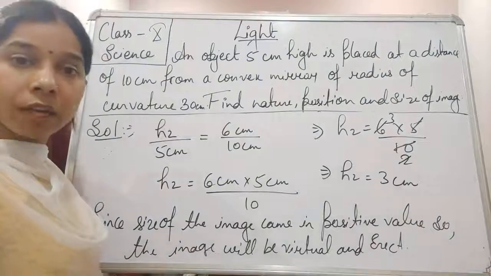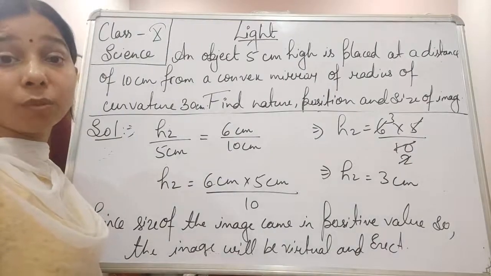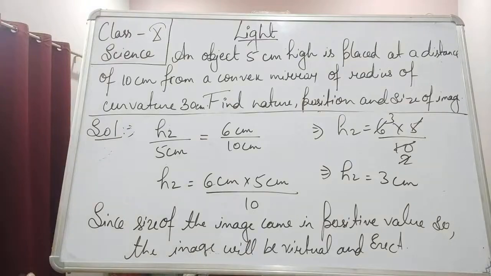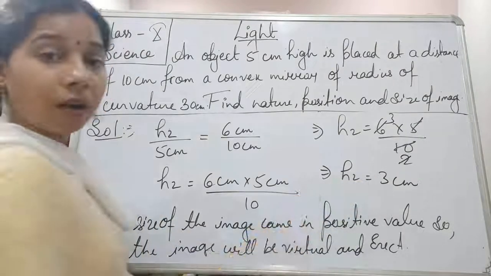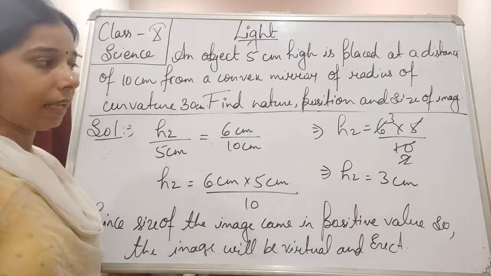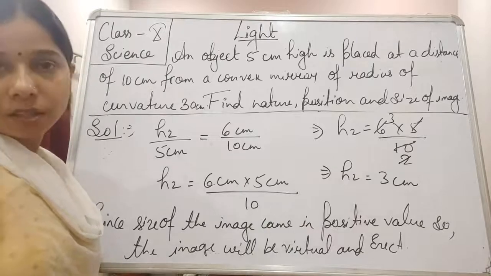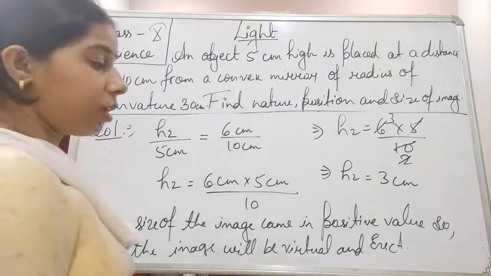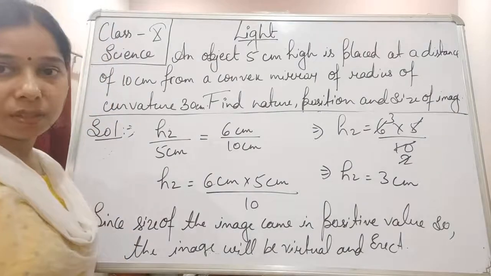Okay, this will help us in telling that the image will be virtual and erect, student. That is why it came with a positive sign. If it is a negative one, then we will say that the image is real or inverted.